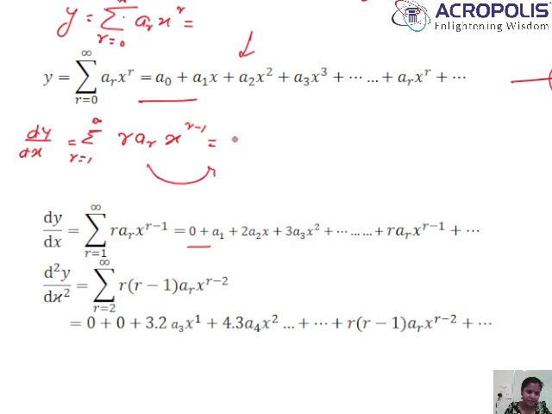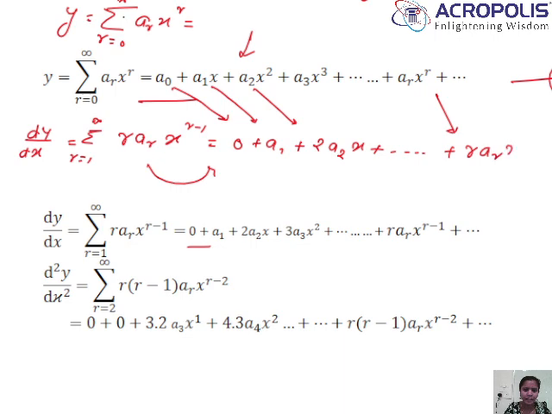Differentiating a naught gives 0, differentiating a1 x with respect to x gives a1, differentiating a2 x squared gives 2 a2 x, and so on. Differentiating the rth term, you get r a_r x to the power r minus 1, up to infinity.